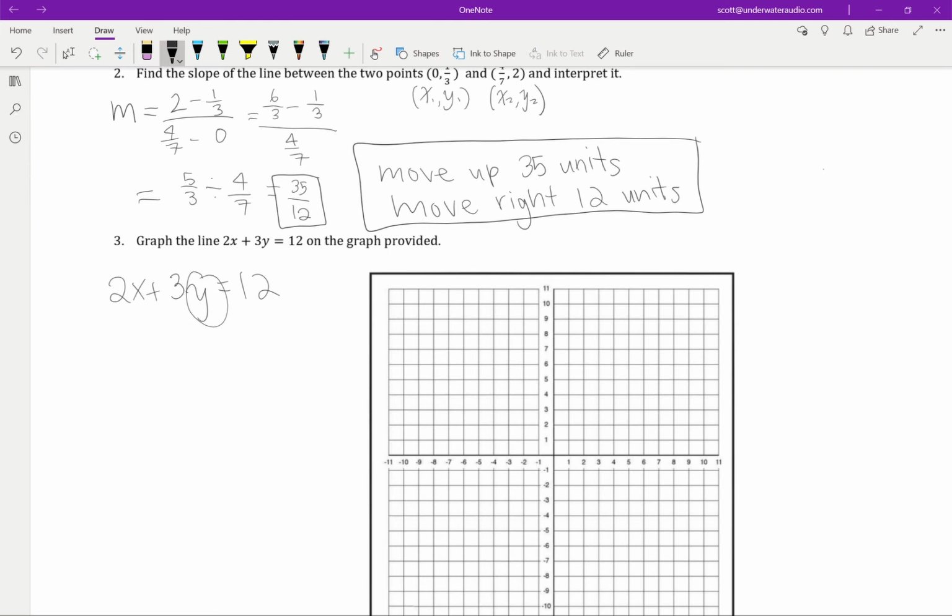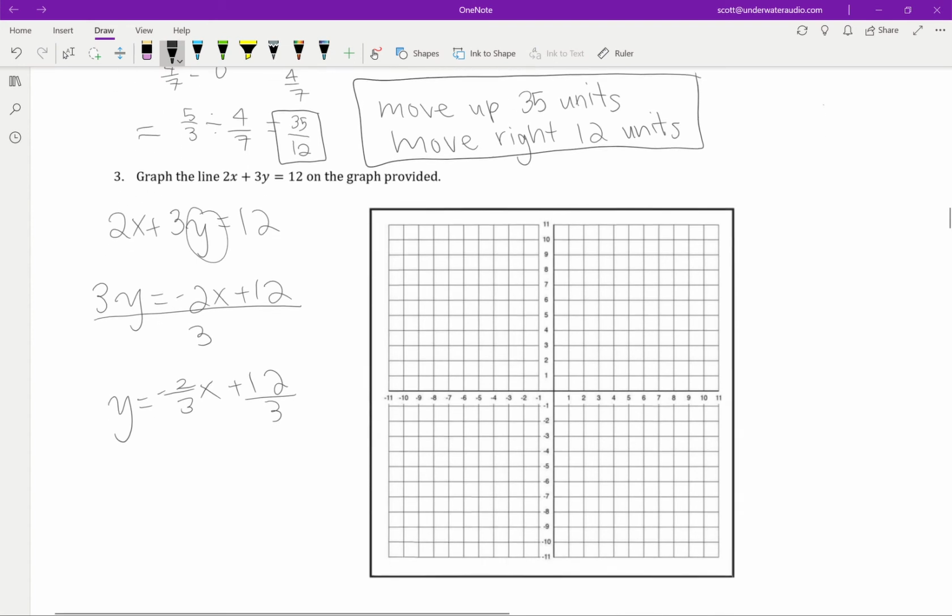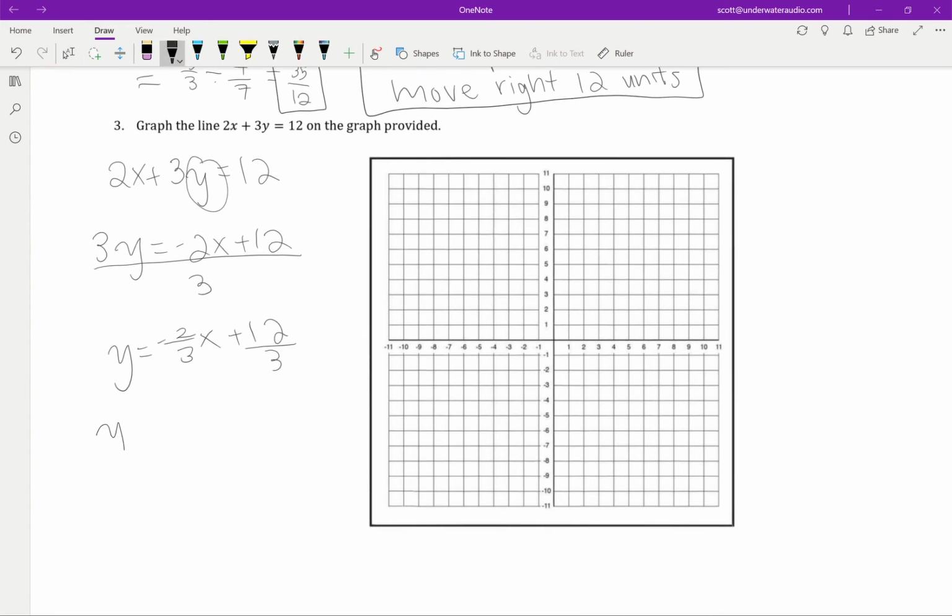I'll subtract 2x, and get 3y equals negative 2x plus 12. Then I'll divide by 3. I get y equals negative 2/3 x plus 12 divided by 3, and 12 divided by 3 is 4.